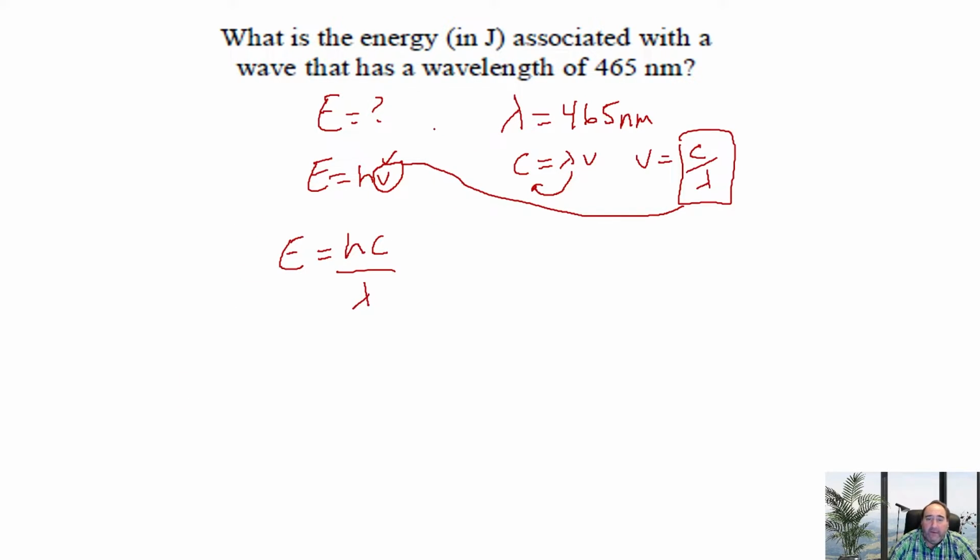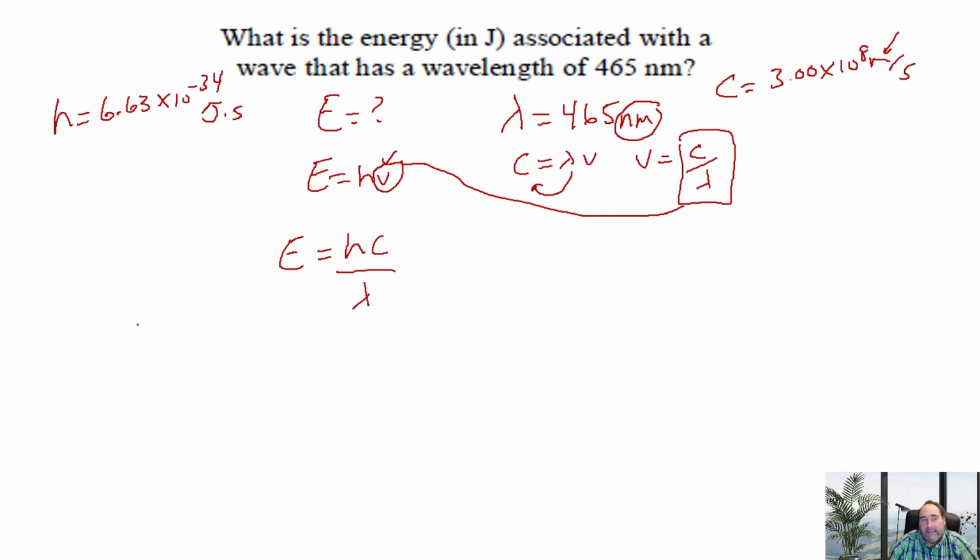We do have to be careful, though. Our wavelength here is in nanometers. Remember that C is 3 times 10 to the 8 meters per second. So those units are not going to cancel out correctly. So we do have to calculate it. And once again, H, which is Planck's constant, is a constant that we just saw in the previous slide, which is this number here, 6.63 times 10 to the minus 34 joules times seconds.